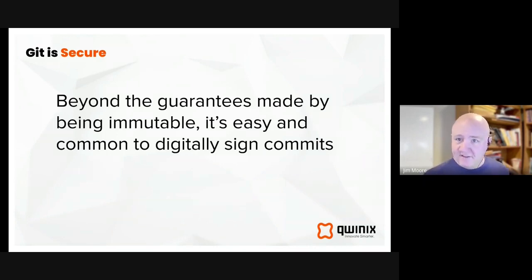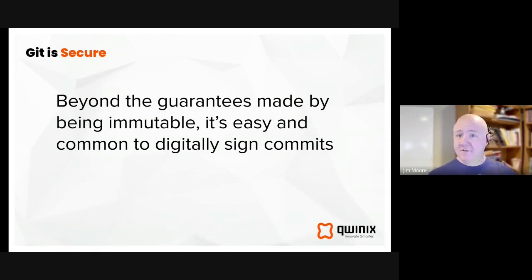Beyond those guarantees that I was just talking about, given to you by straight-up math because it's a hash tree, a Merkle tree, it's easy and common to digitally sign commits or annotated tags. The primary use case for Git, of course, was that it was created for the Linux source code.